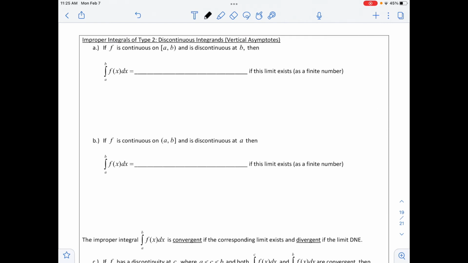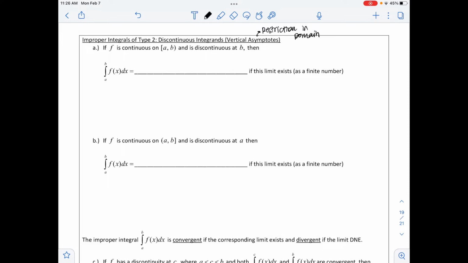At the top of the next page, we have improper integrals of type 2. These are discontinuous integrands. They're going to have vertical asymptotes, and so there will be a restriction in the domain. It's caused by vertical asymptotes.